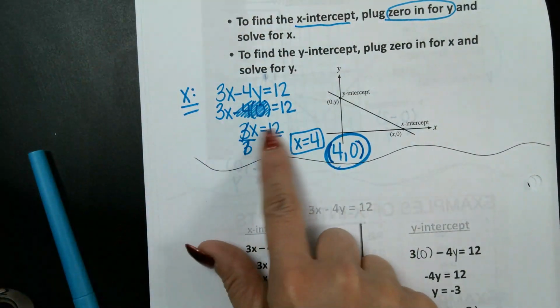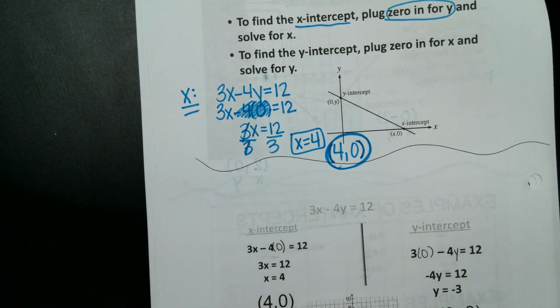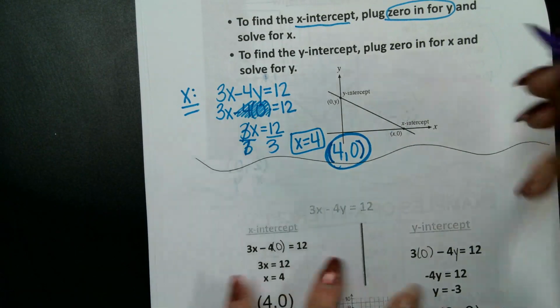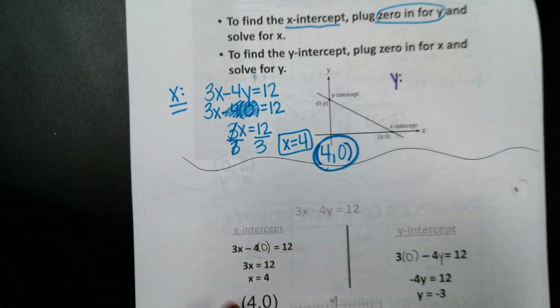And isn't that the equation we ended up solving? So whatever one you're looking for, just cover up the other term and get rid of it. The reason we're allowed to do that is because we're plugging in a 0 anyway, which is going to make that term disappear altogether. So we're going to do the same thing over here, but this time we're going to solve it for the y-intercept.